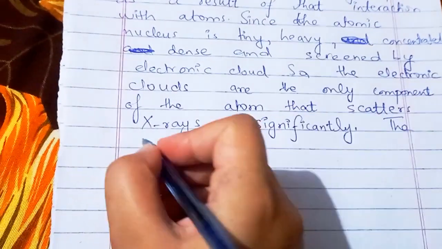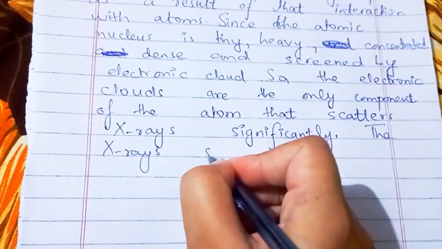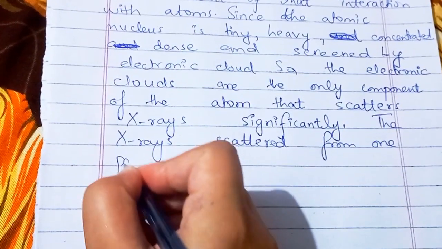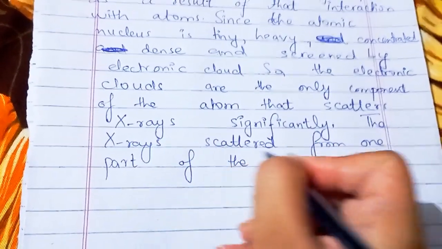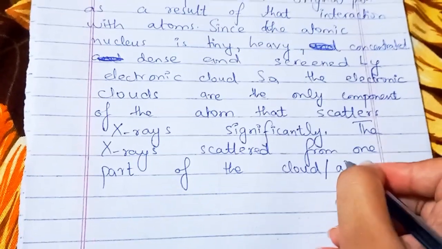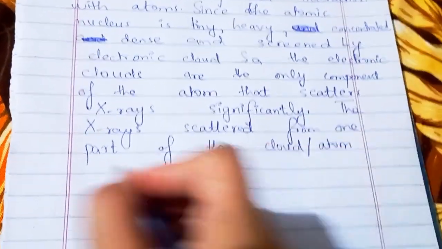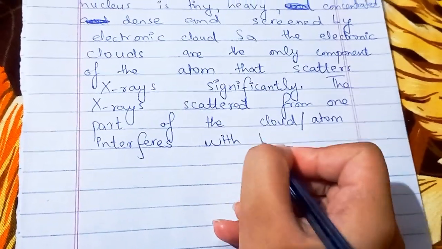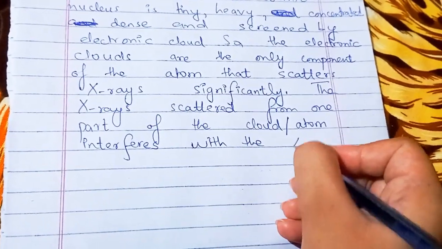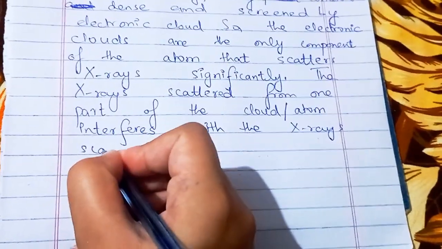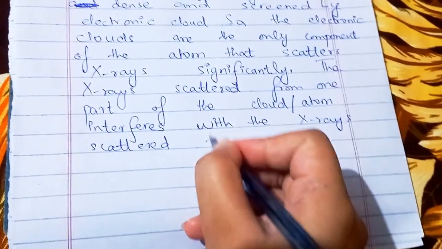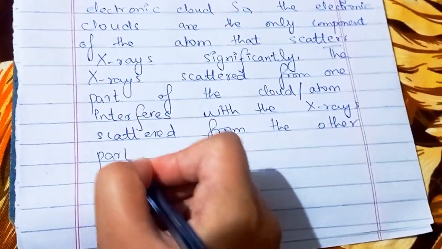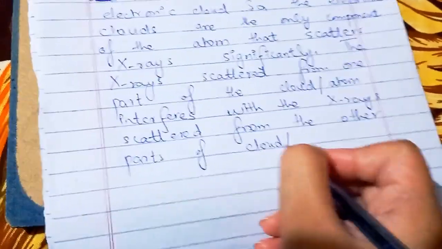The X-rays scattered from one part of the cloud, or you can say atom, interfere with the X-rays scattered from the other parts of the cloud or atom.